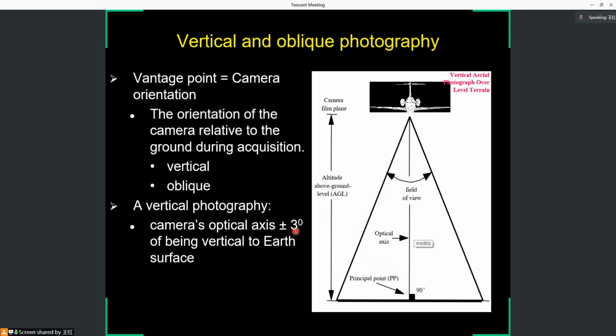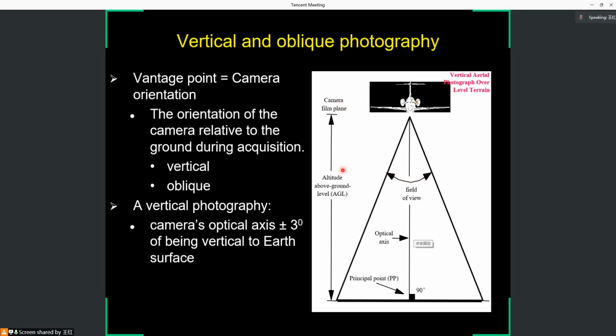Larger than 3 degrees will be called oblique. This is vertical, over a very narrow 3 degrees only, and together it is 6 degrees.